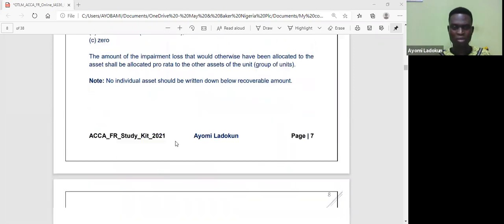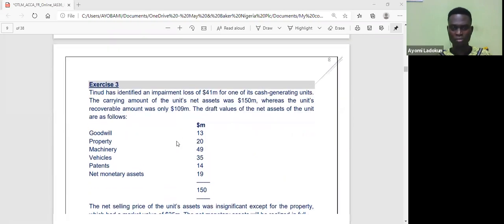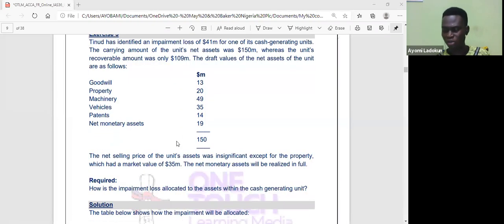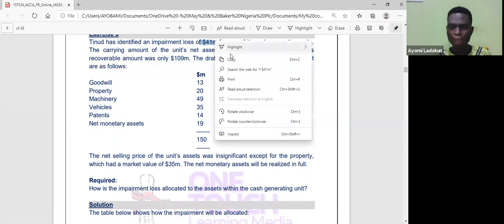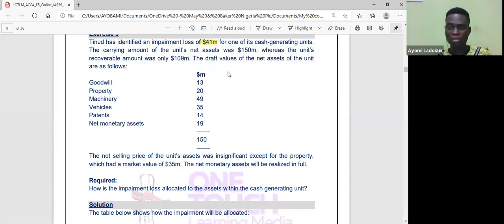So let's take a look at a question to demonstrate what I'm trying to explain, so that you have a better understanding. Tinubu has identified an impairment loss of 41 million for one of its cash generating units. Let's assume I wasn't given this 41 million. How will I know?